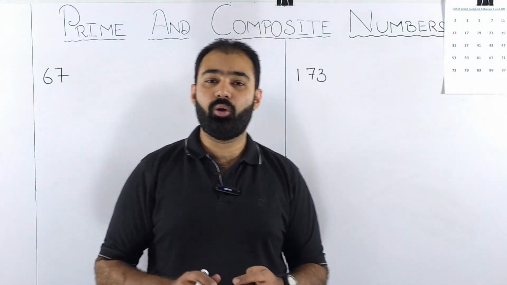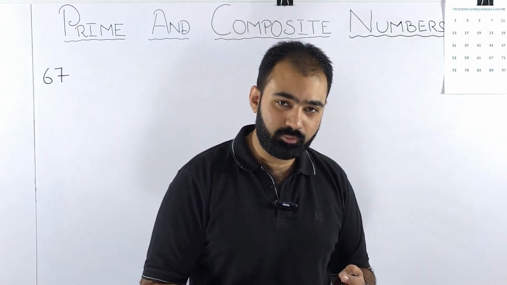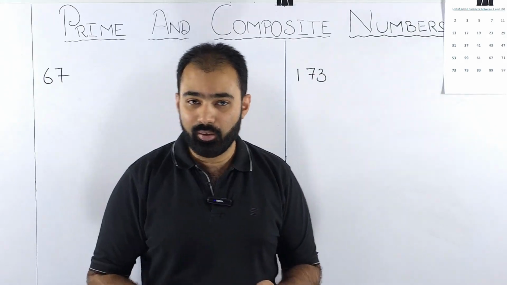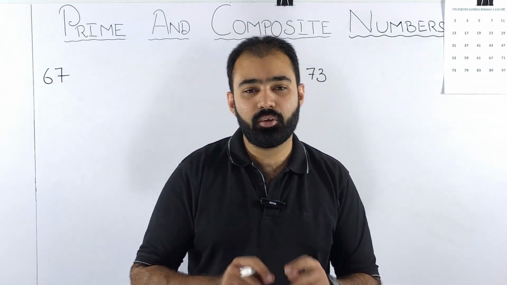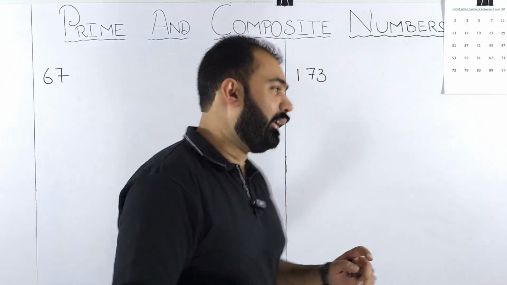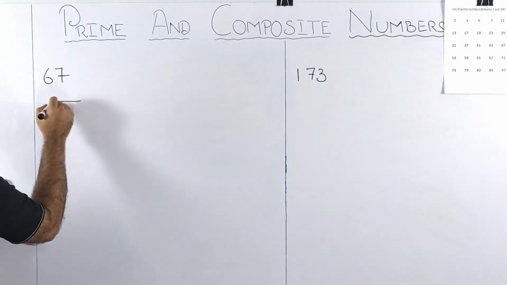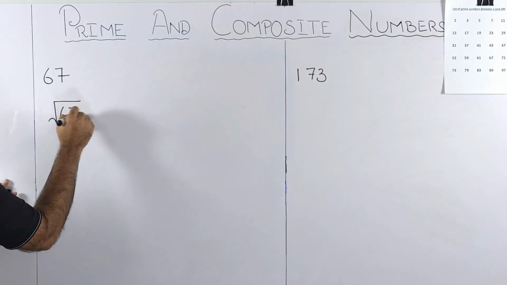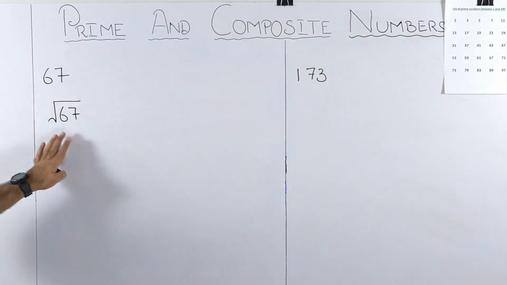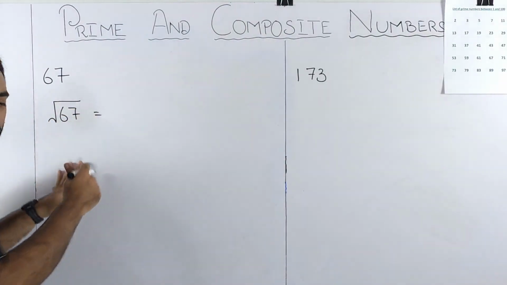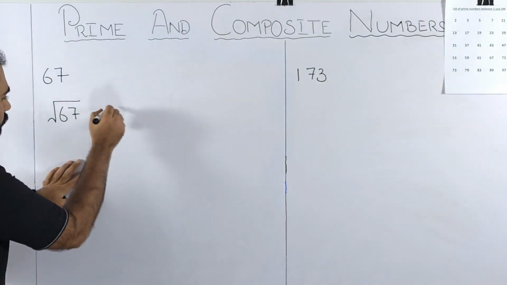In this scenario, when all three divisibility tests of 2, 3 and 5 fail, what should we do? We have a common system for this, and that is taking the root of that number. We'll take the root of 67, which gives us around 8.18.